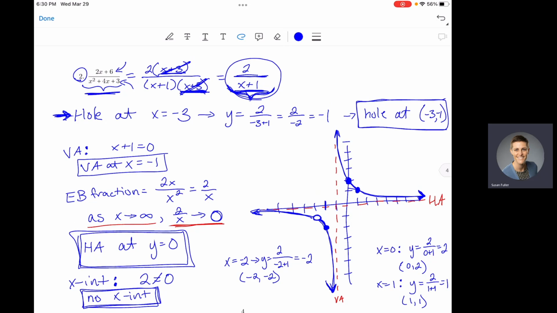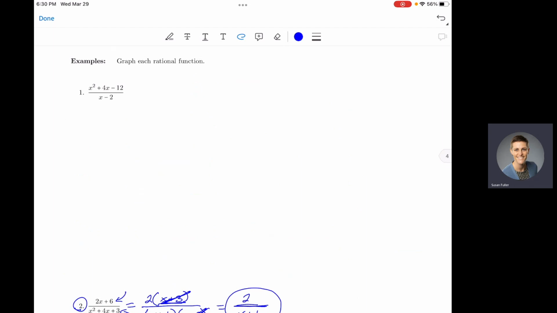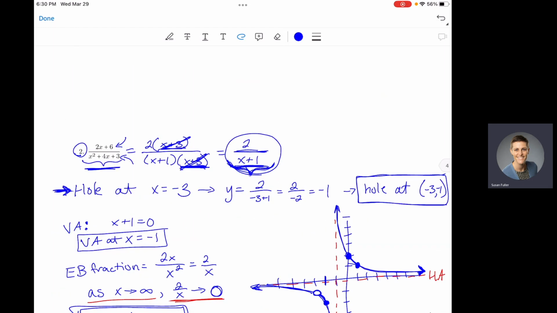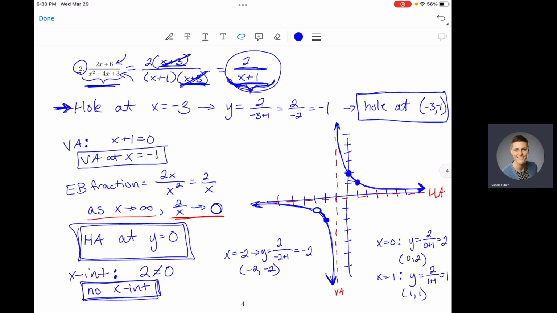All right, let's head back up to number 1. So I said this one's going to be a little bit different. And I wanted to do this one so that we could kind of see what a hole does. Again, this x plus 3 canceling, it doesn't change the shape of our graph. The rational function that we graphed down here is actually the graph of this guy.